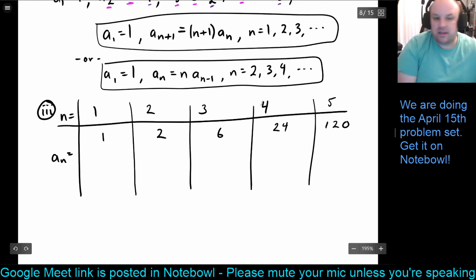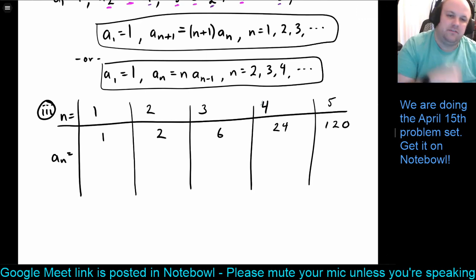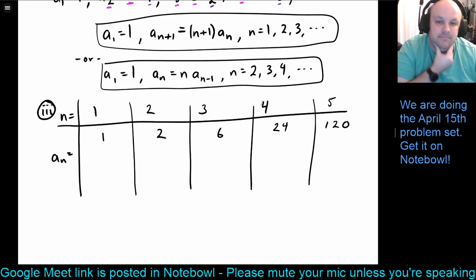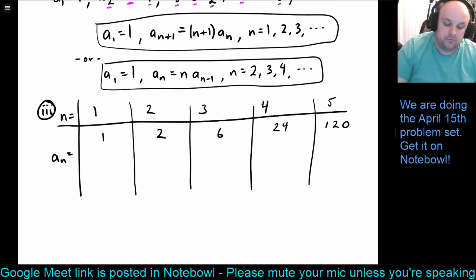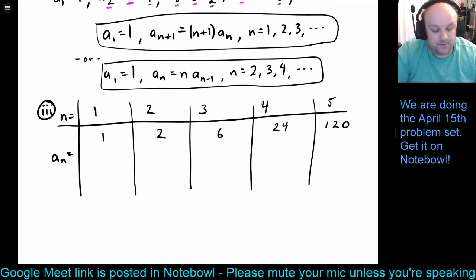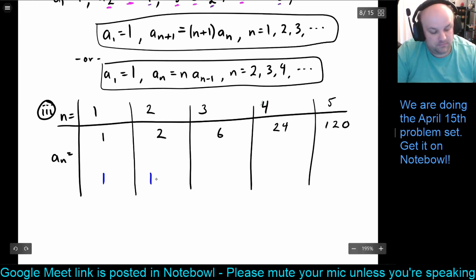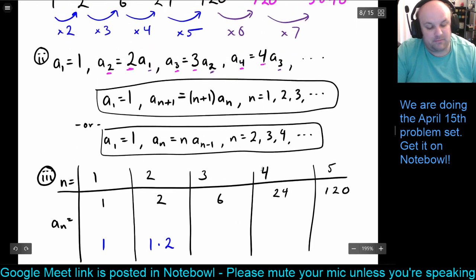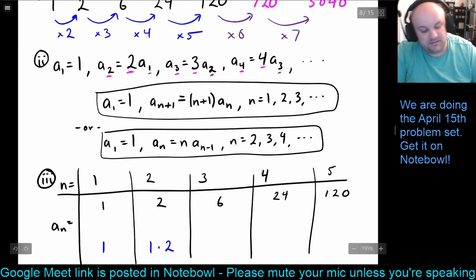Right, and let's write down here and see if we can figure out what pattern's going on. I want to keep this as basic as possible for how we're moving from one term to the next. So here, this first one is just 1. To move from here to here, I multiplied by 2. That's what my pattern up here told me I was doing.